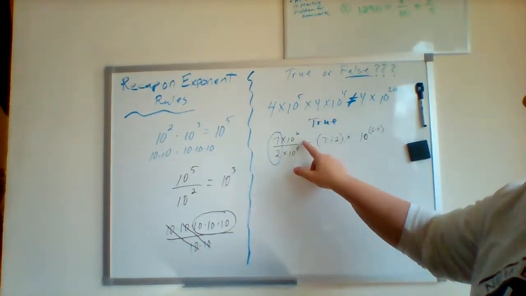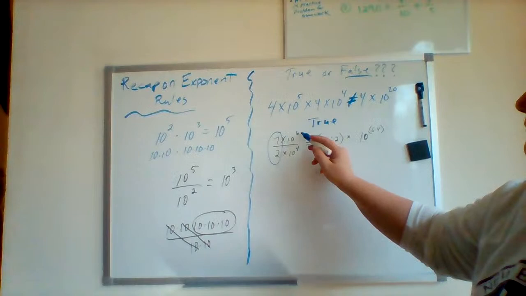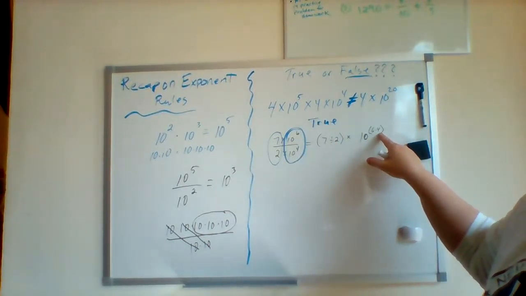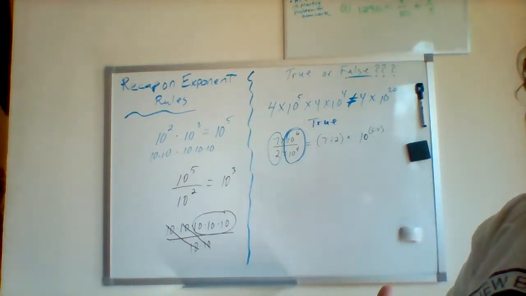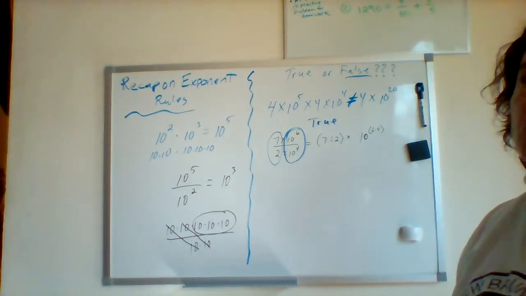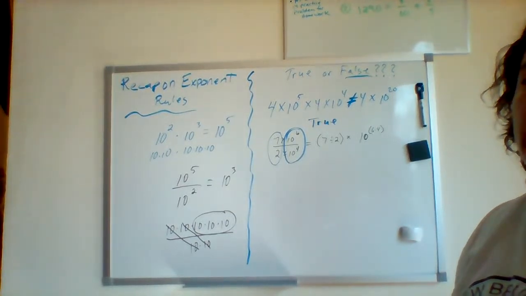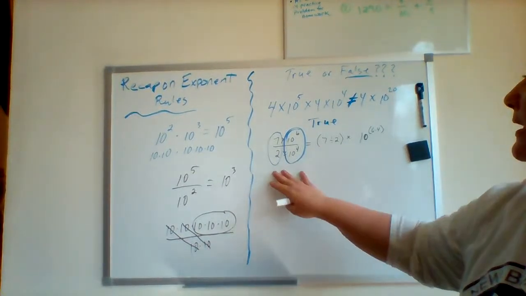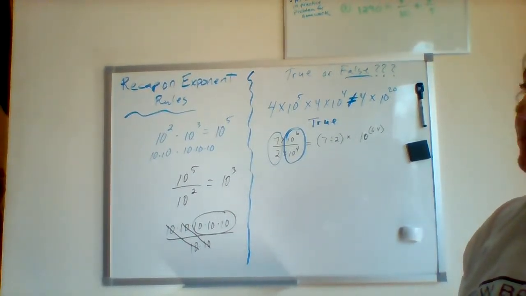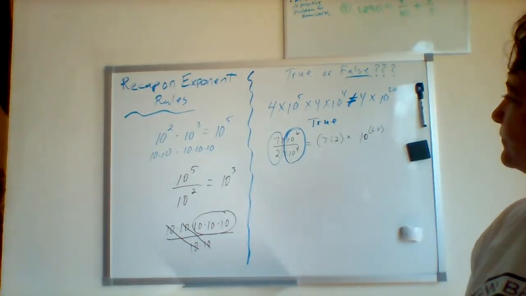This part goes with this part. 10 to the 6 minus 4. They didn't simplify it. We didn't ask you to say what is the simplest form. We just wanted you to take a look at it and decide, is the left side equal to the right side? And right now it is. It's still the same thing. It's just not simplified.